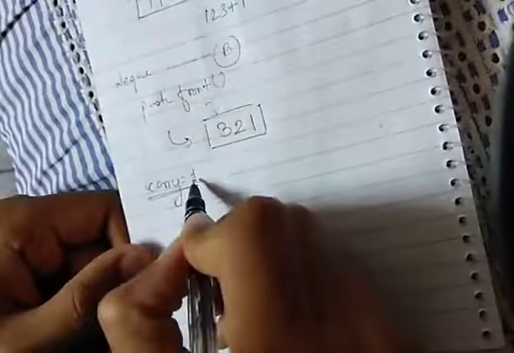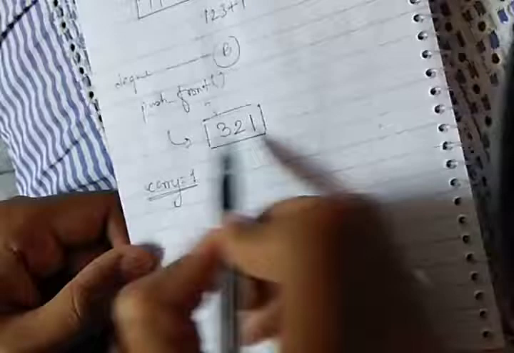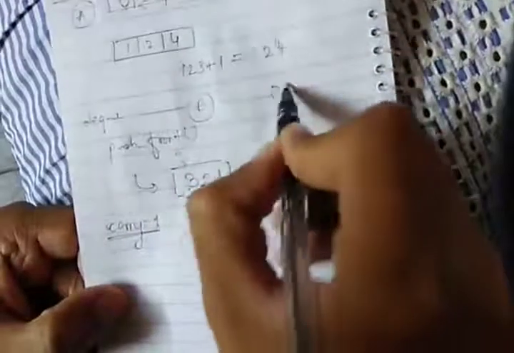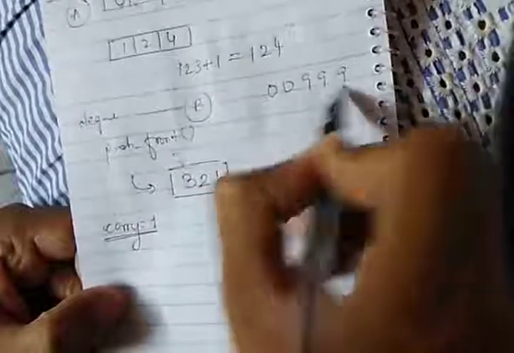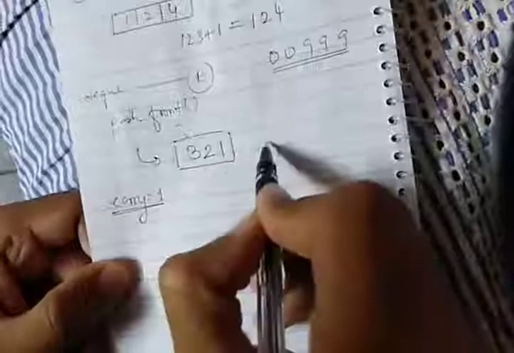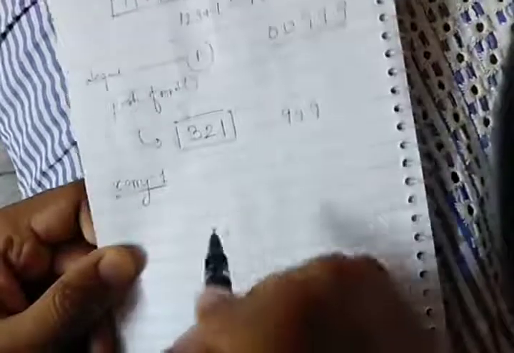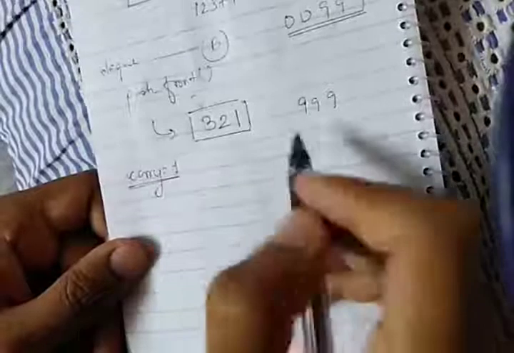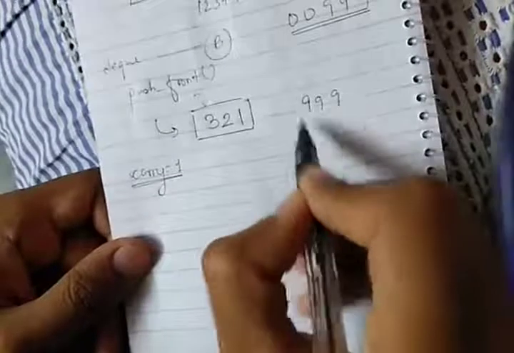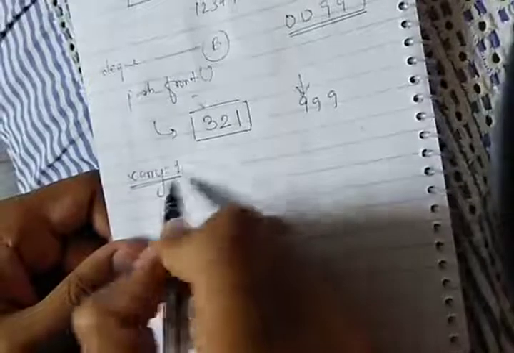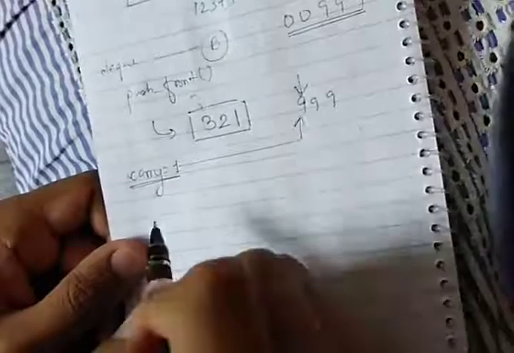Let's take another example. Let's say our original number was 00999, so in the deque we'll have 999. Now when we add 1, this digit will become 10 on adding this carry to it, right?